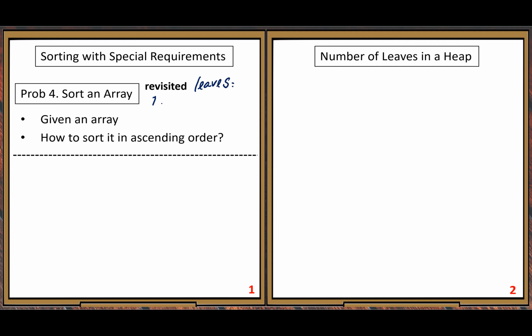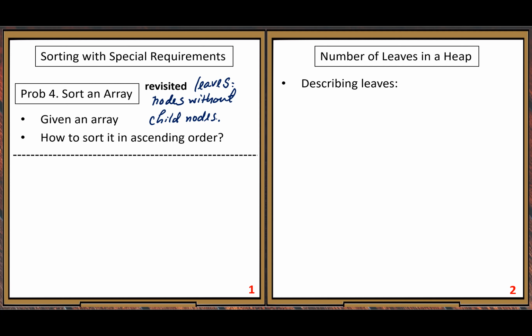Leaves or leaf nodes are nodes without child nodes. That's the definition of leaves. The question is, given a heap, how do we calculate the number of leaves in a given heap? That's the first question.